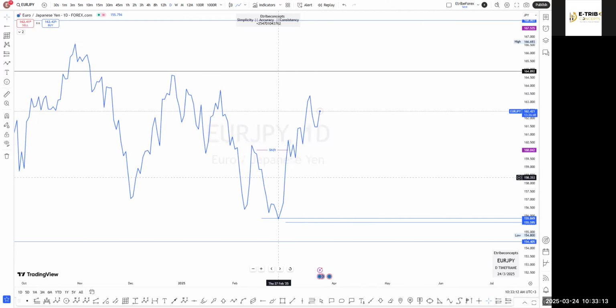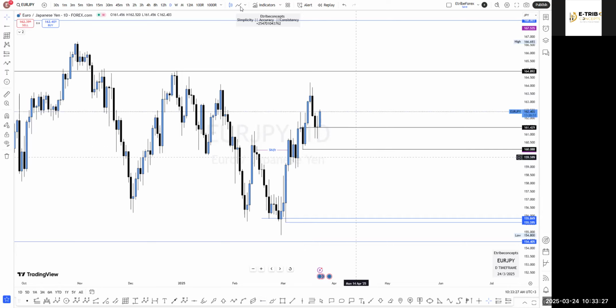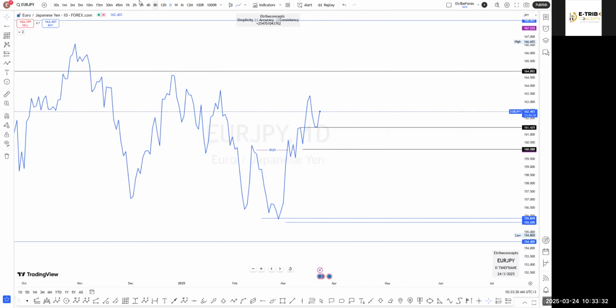This is of course a flip. Pretty sure that was a flip. Market came, tapped, went. So we will consider this structure for more buys, but I want to see if we have had a consumption on 1 hour.